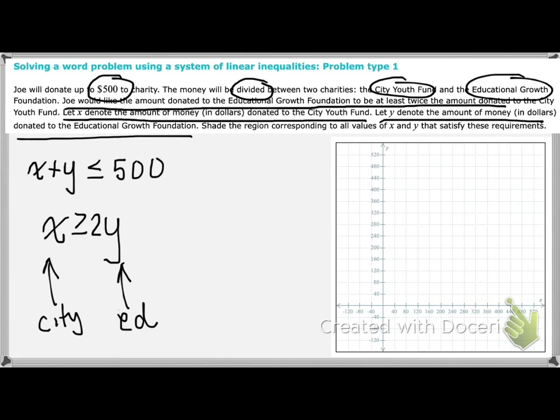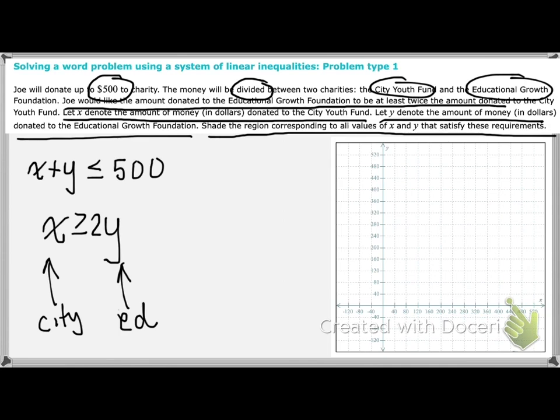Now I think I've got all my constraints represented with the inequalities, and I want to shade the region corresponding to all the values of x, y that satisfy the requirements. So we're going to shade that region, and then we're going to check it out. Does it actually make sense? All right. This is pretty easy, right?